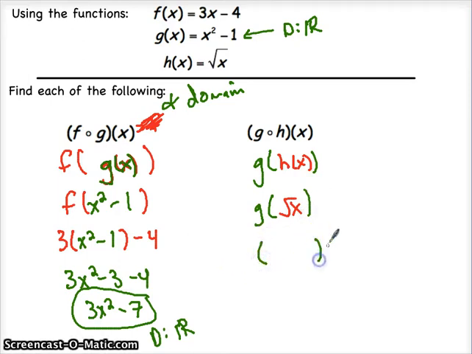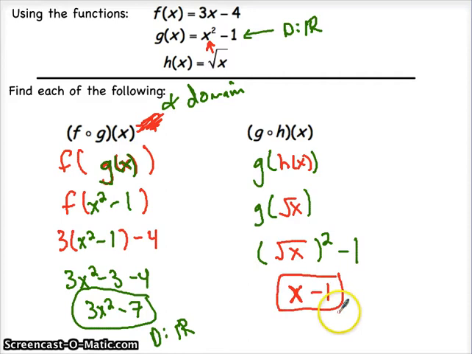So I'm going to do a quantity squared minus 1. Taking out x from g of x here, I'm plugging in that square root in for x there. So square root of x goes here. Well, the square root of x squared is just x minus 1, and there would be my final statement.